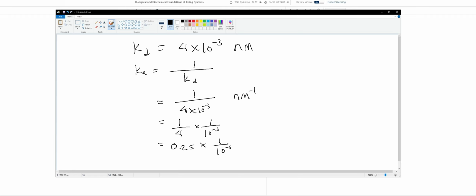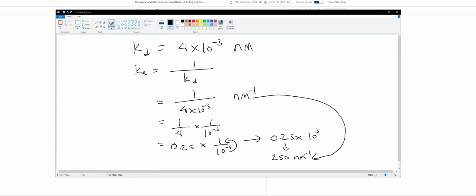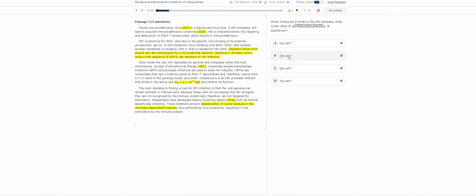Now, if you move the exponent on top, this becomes 0.25 times 10 to the third because of exponent rules. Converting this into an actual number, this will be 250, and then we can bring our units back, so this will be nanometers reciprocal, and this should be our answer. This matches up with what we are solving for.